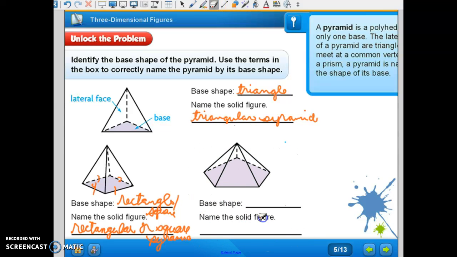Okay, the base of this little polyhedron, let's count them up. 1, 2, 3, 4, 5. So the base is what shape? A pentagon. And so we're going to have a pentagonal pyramid.